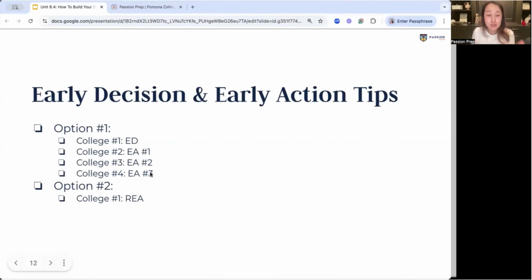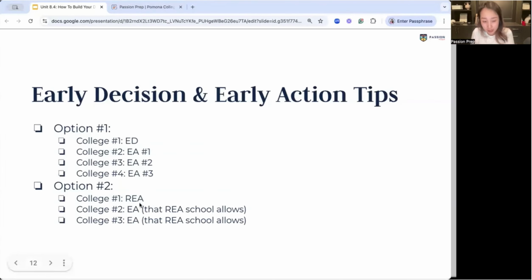Option number two is if you end up doing REA as one of your schools, like Yale or Harvard or Stanford. What they do is they're not going to allow you to apply to EA private schools. So you can still apply to EAs, but only the ones that REA school allows.